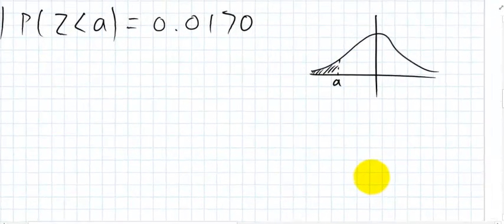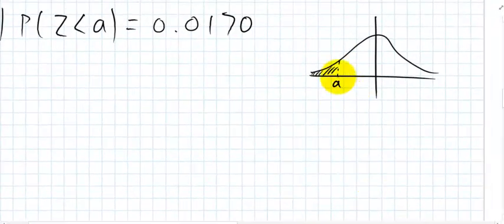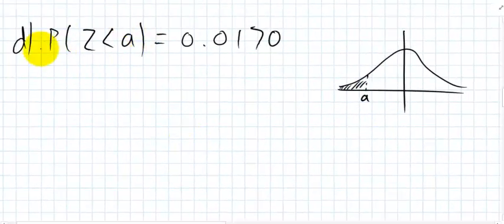So we know immediately that A is a negative number, and so this form must be in a less than negative form. And this is not a nice percentage either, so we're going to have to end up using the big table. So we're going to have to turn it into a less than positive form.